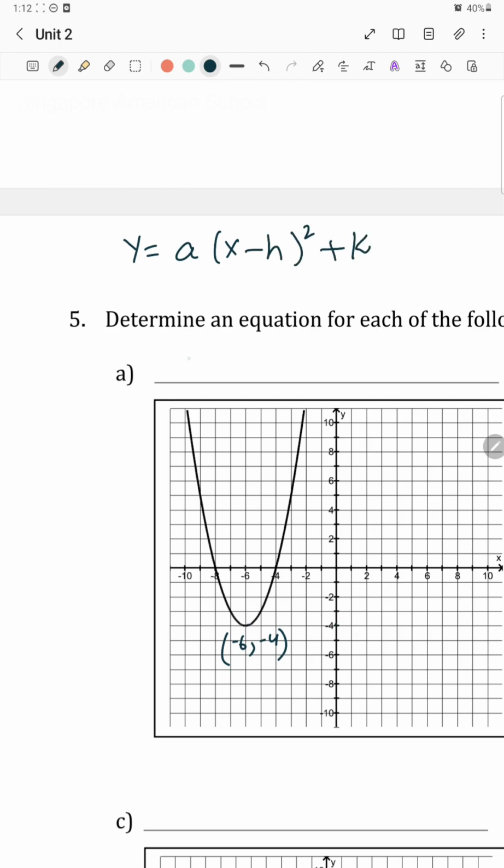So we get the values, and then minus 6 will become plus 6, whole squared, and minus 4. And what about a? It's going to be upward, so positive.